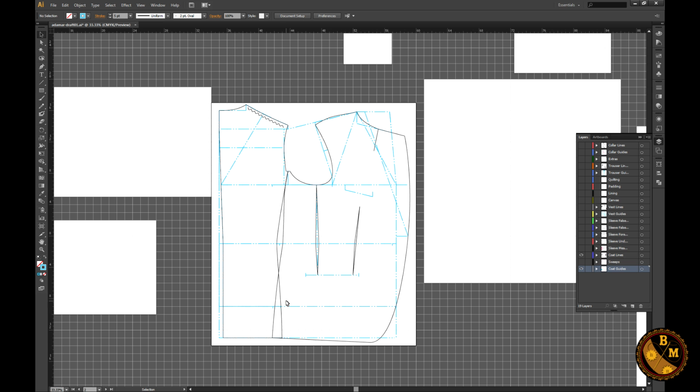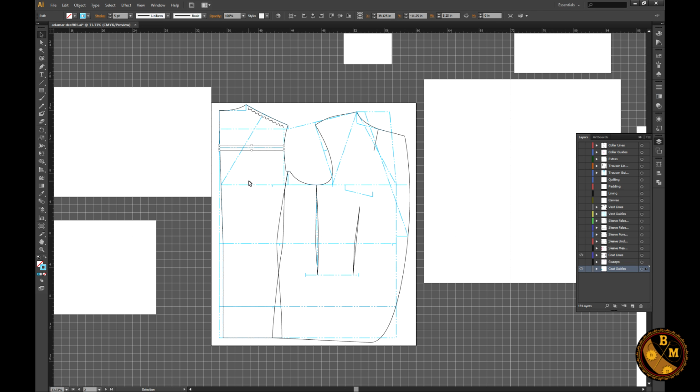Let's take a look at this measurement right here. This is an important measurement because the back of the coat needs enough room for the person to be able to move the arms up in front of them.